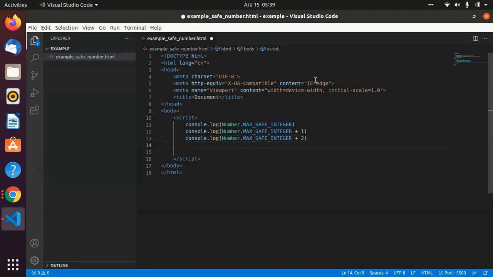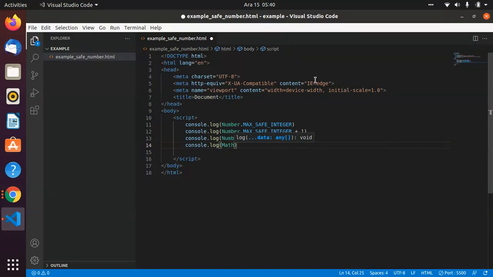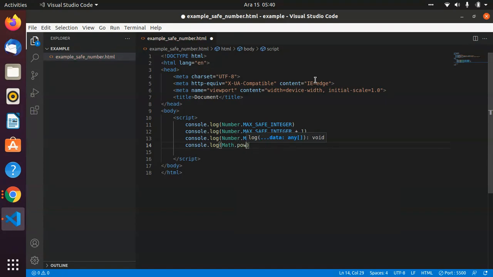Okay, let's come here, say console.log, and see what we can say. Maybe we can really go way higher in the danger zone. I mean, we can say Math, and Math.pow. Just the explanation: we are using this one, and we can say 2 to the power of 1023.